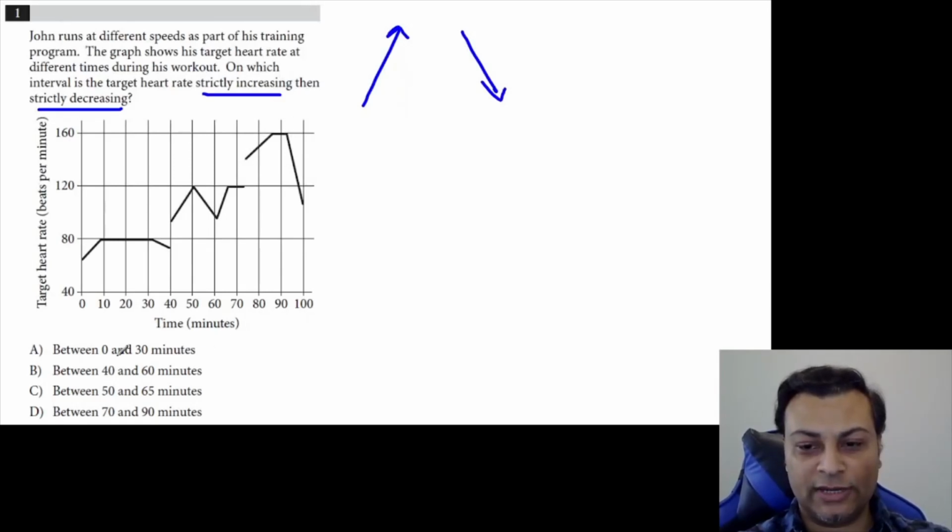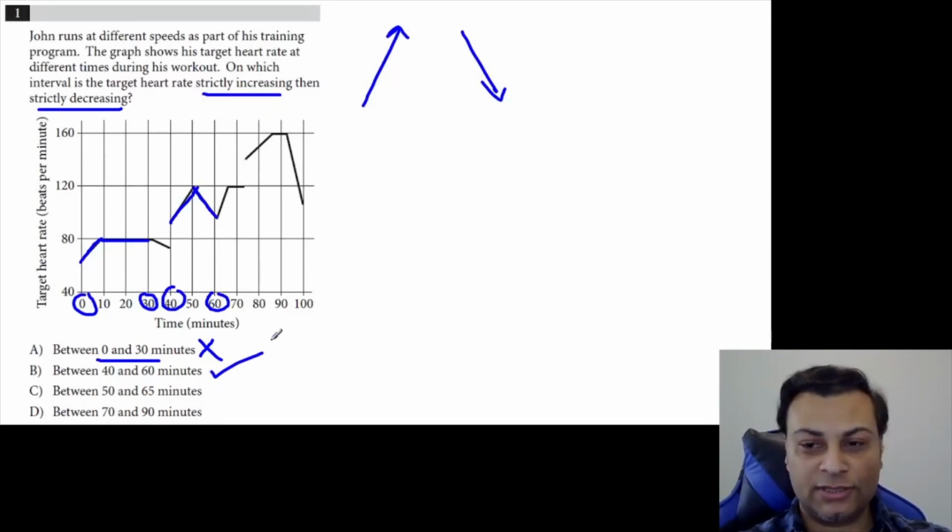Okay, let's see what we have. From 0 to 30, it went up and then it went flat, so we don't want that. 40 to 60: it went up, then down. That looks pretty good.